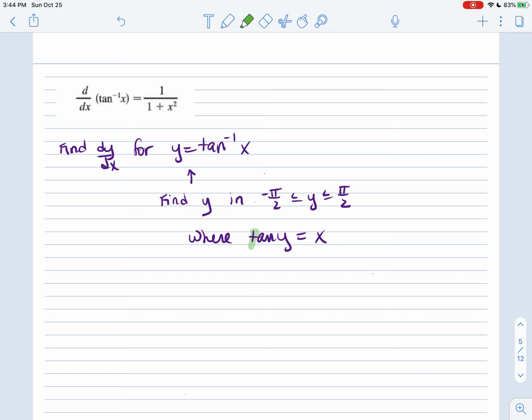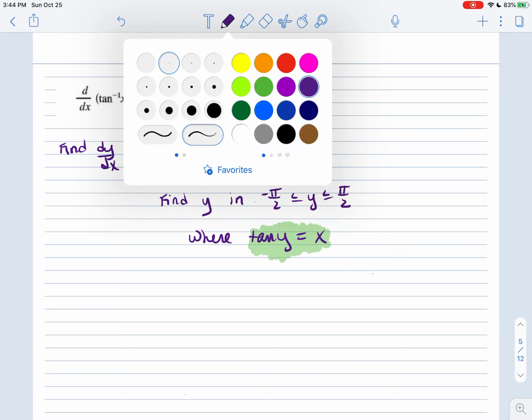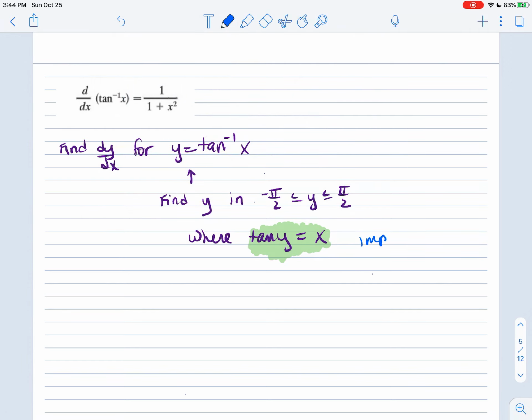All right, so now we've got y equal to inverse tangent of x is equivalent to tangent of y equal to x, and this is an implicit function, right? So if this is an implicit equation, we need to use implicit differentiation to find dy dx.